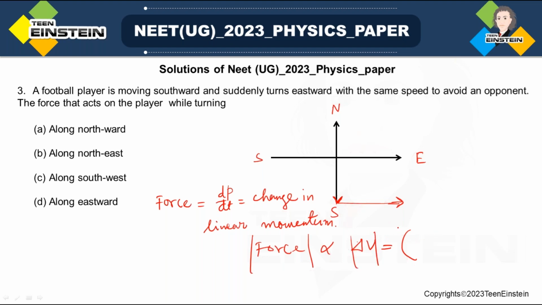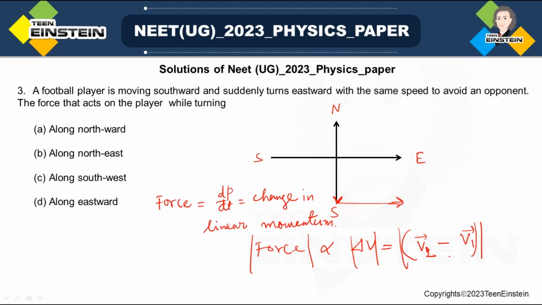Suppose it was having velocity v1, obviously with vector sign, and at the last it has become v2, so v2 minus v1 will be actually the change in linear momentum.